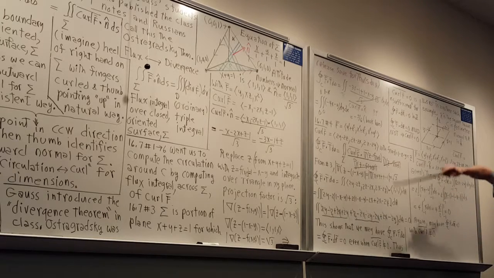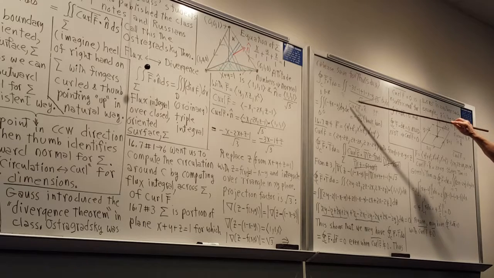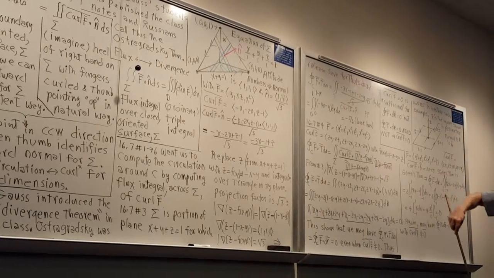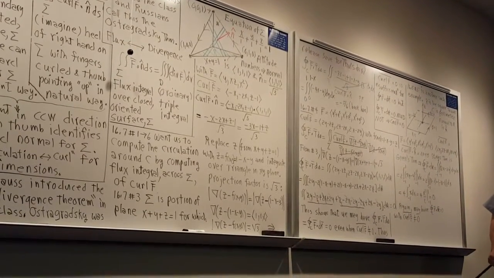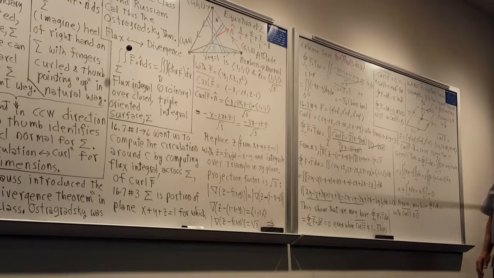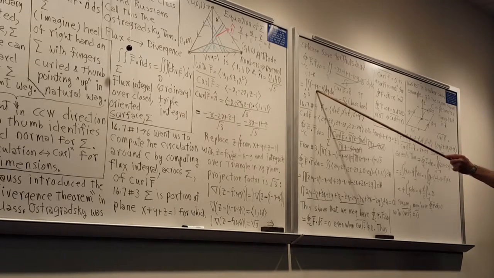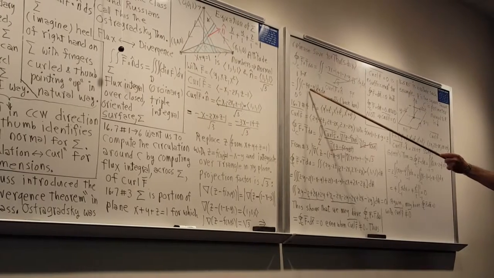So what you really end up doing is the integral of your curl dotted with the normal as opposed to the unit normal, to integrate them as a flux integral.